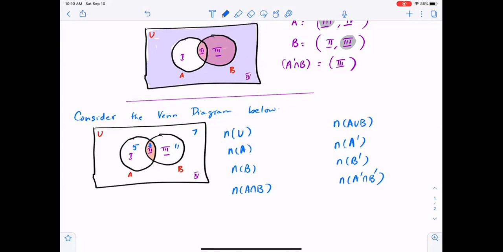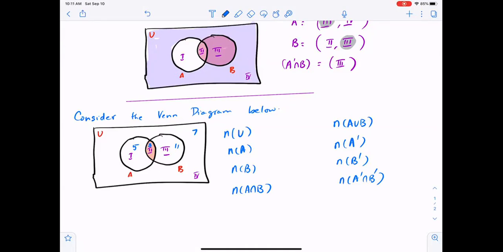So there are a couple of ways to do this. I'll show you how one can do this by writing out the regions, but it's not necessary with practice. You can simply find the total.